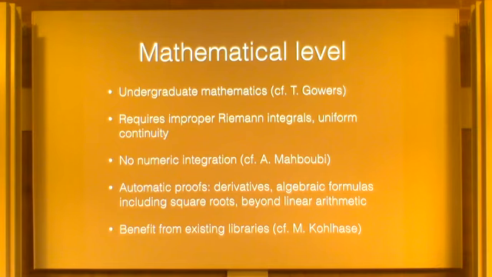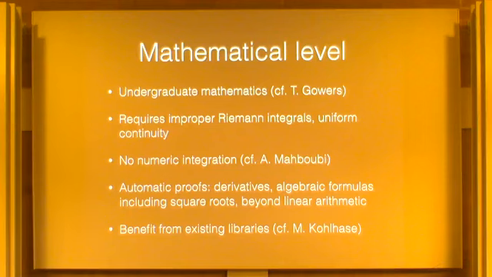So what is interesting is, there is no use of numerical integration as was described in the talk by Asia, but there is a lot of need for automatic proofs where we need to be able to compute derivatives quickly. We need to manipulate a lot of algebraic formulas in which we have square roots.